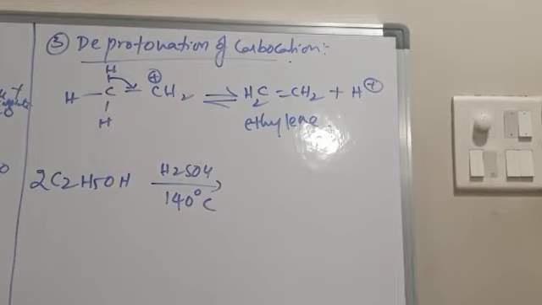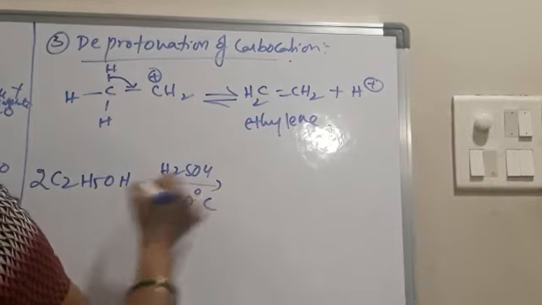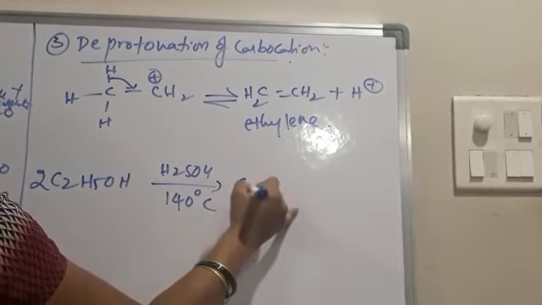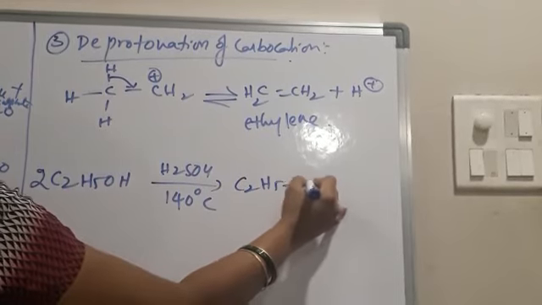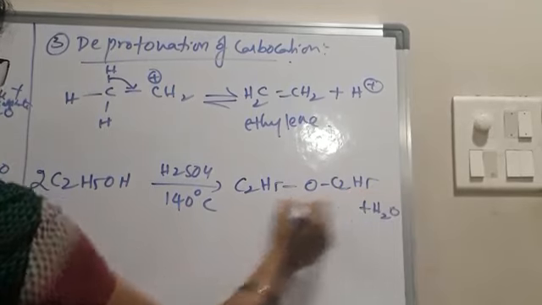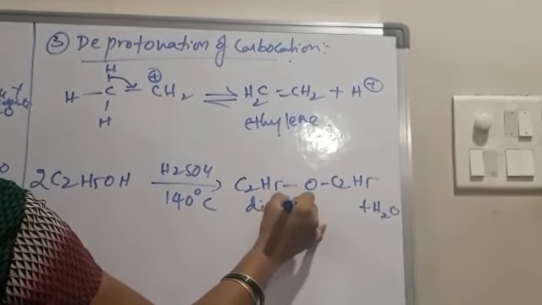The reaction takes place at 140 degrees centigrade, and with the removal of a water molecule from alcohol, we get diethyl ether.